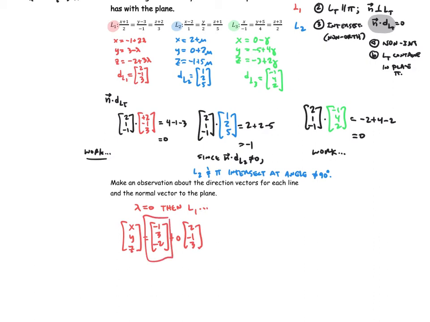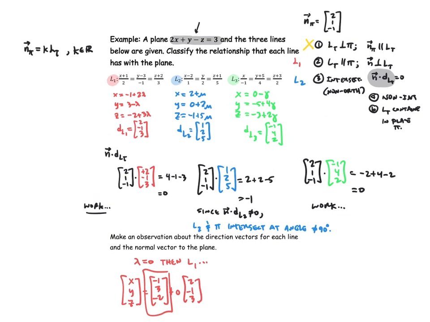This is going to be the point on the line at lambda equals 0. What I want to do is see if this point is contained in the plane. Because if that point's contained in the plane, and the line is parallel to the plane, all other points have to be in the plane. So I'm going to take pi 3, which is 2 times x plus y minus z, which we want to be equal to, up here, 3.